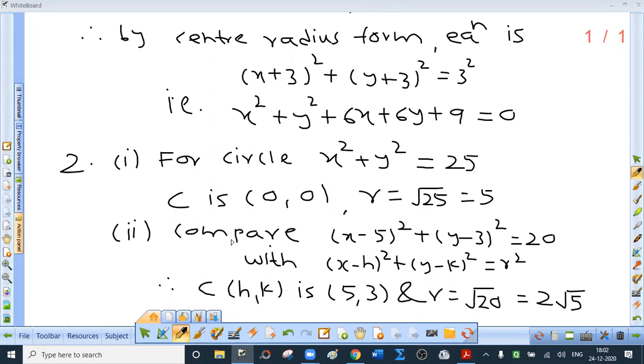Second, compare the given equation with (x minus h) square plus (y minus k) square equal to r square. So what is h? 5. What is k? 3. So the center (h, k) is (5, 3). And what is radius square? 20. So radius root 20, that is 2 root 5.